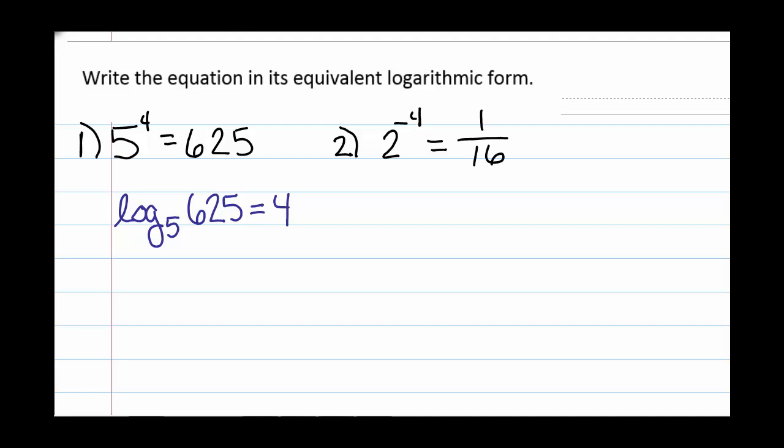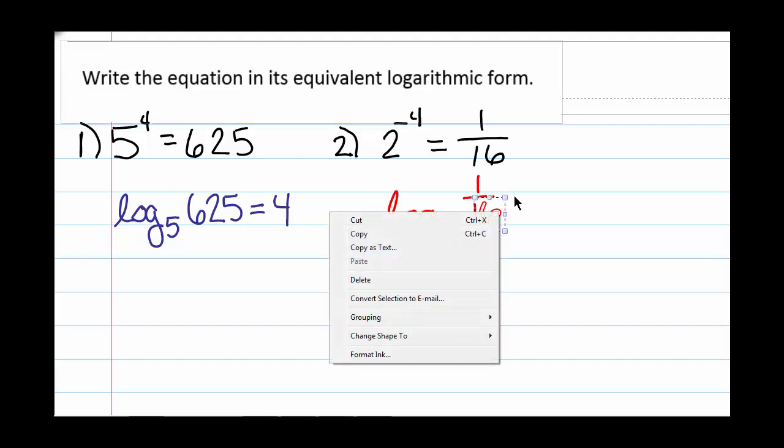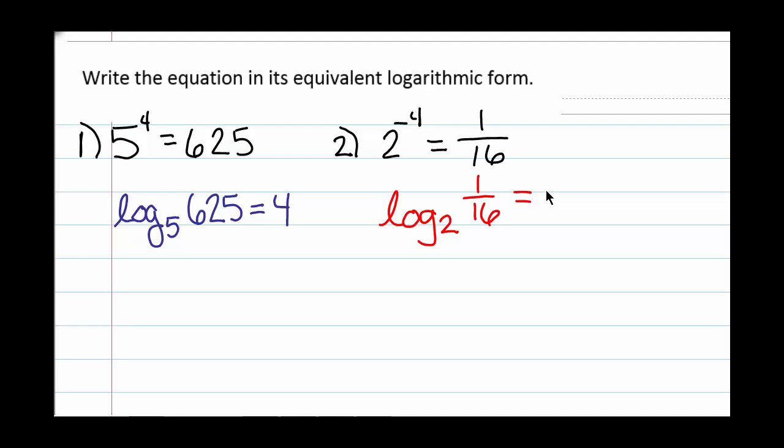So I'm going to start off by saying log base, the base of my exponent is 2, so log base 2 of 1 divided by 16 equals negative 4. So the base of my log is 2, right? And it equals the exponent.